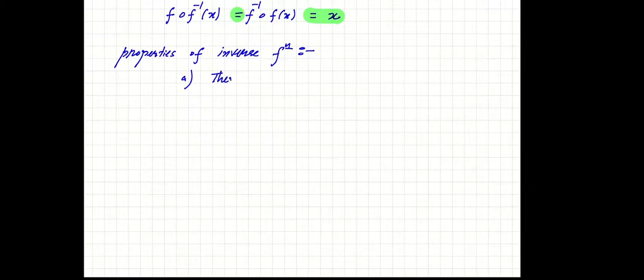They are one-to-one functions. What is a one-to-one function, guys? Doesn't it mean that every value is unique?